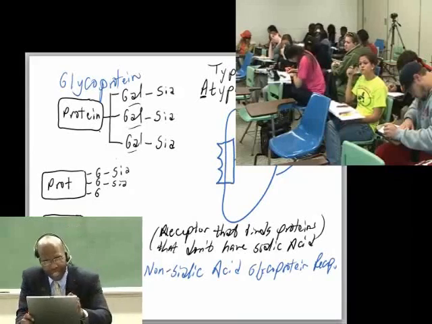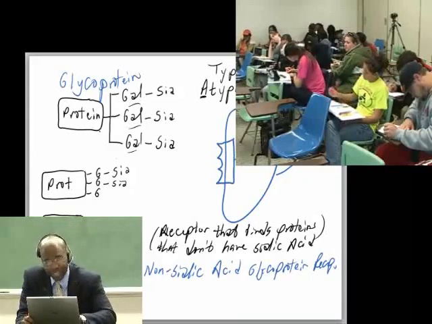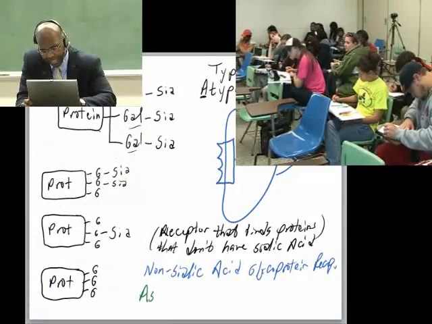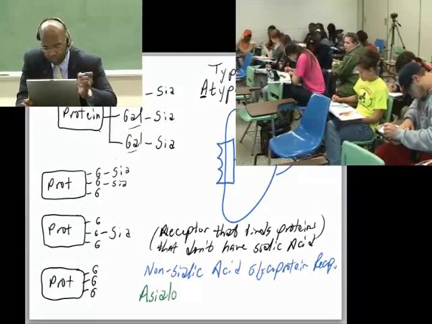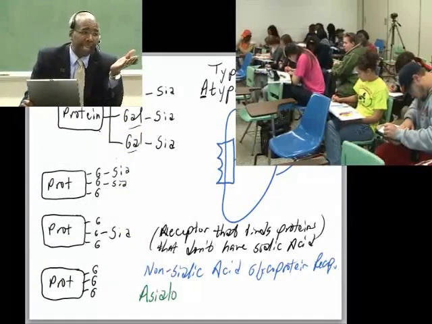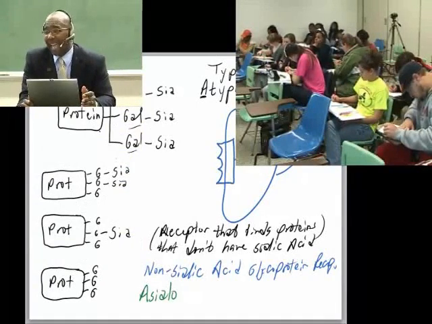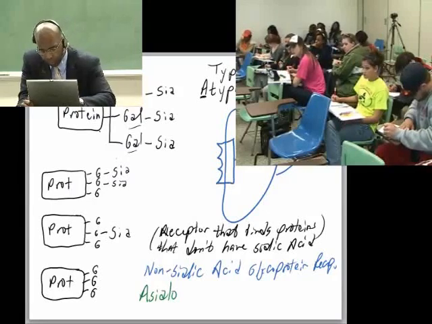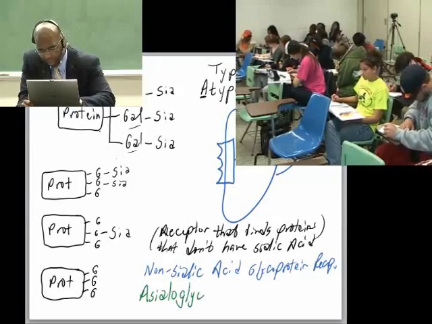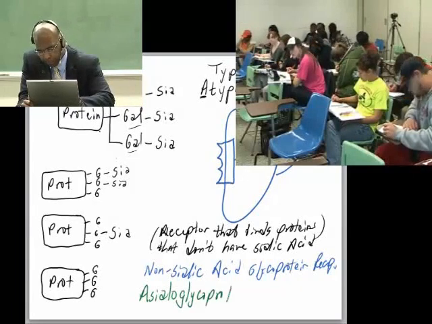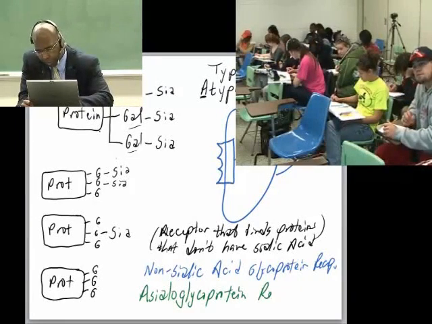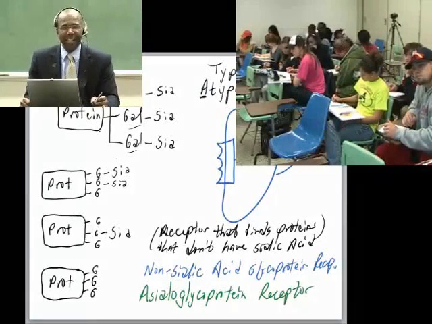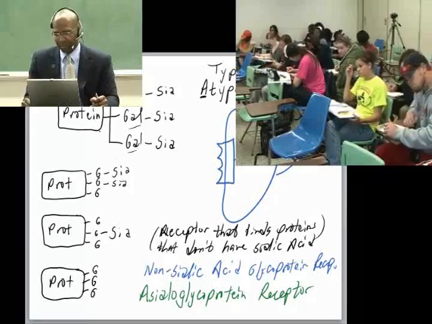And so scientists have decided, and this is the real one, the A-sialo, because why write non when you can write A? And why write sialic acid when you can just write sialo? The A-sialo glycoprotein receptor. It's still too long. You're right. But that is the name of this receptor.